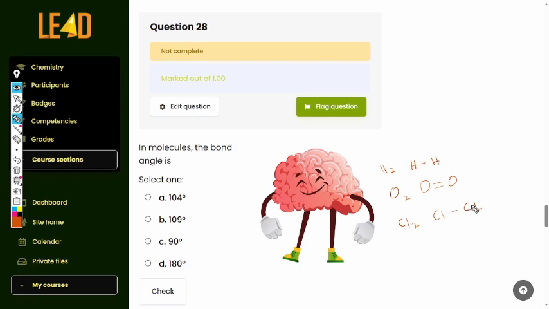So notice that it's a straight line here. They are all linear. In linear molecules, the bond angle is 180 degrees, because 180 is a straight line from one end to the other. So when you have linear molecules, you're going to have a bond angle of 180 degrees, and that is D. So we'll go with D.